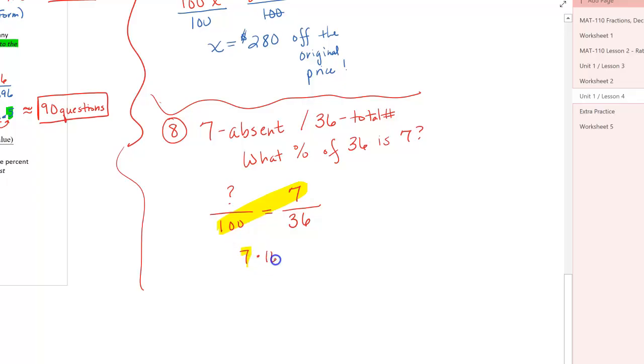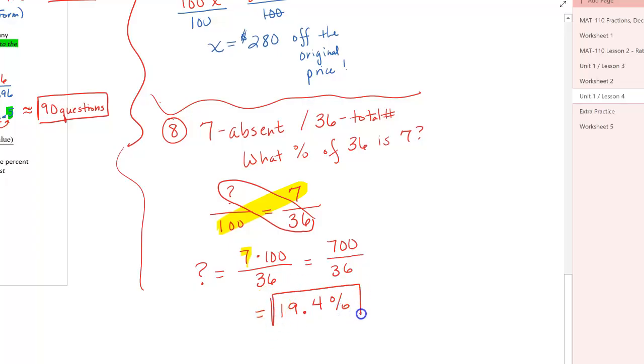Now I'm not going to use algebra with this one. I'm just going to use what we talked about in class. Remember, you multiply the numbers that are across from each other. So 7 times 100 is 700, divided by that number that's across from your unknown. So our unknown is going to be 700 divided by 36, and that's going to give us 19.4% if we round to the nearest tenth, which is what the directions told us to do.